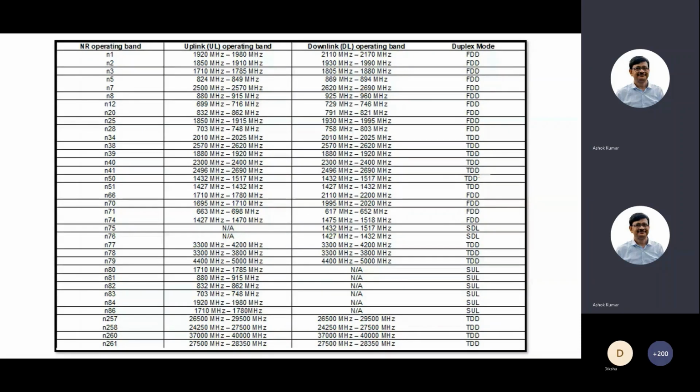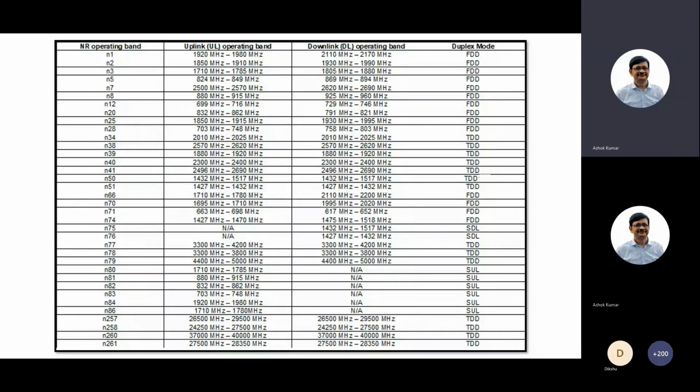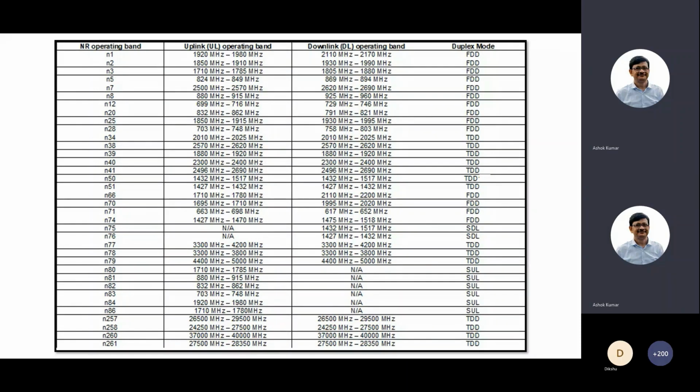So just see the nomenclature of these new radio operating bands. These are called N1, N2, N3, N5, N7, N8, and so on. So these are various bands which are identified for 5G. Not all bands will be used by all operators or all countries.